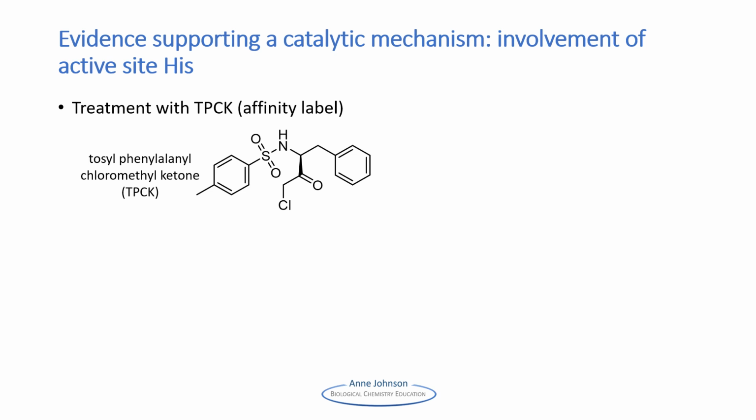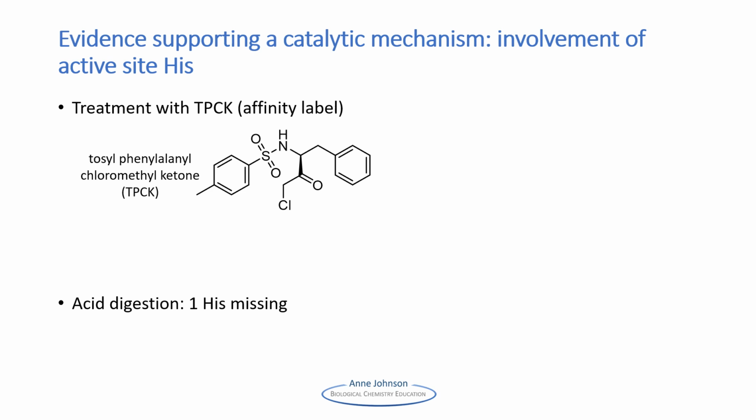One of these was identified by affinity labeling. Tosylphenylalanyl chloromethylketone, or TPCK, has a particularly electrophilic alpha carbon. The adduct resulting from reaction with the enzyme inactivates the enzyme and is stable enough to be isolated.